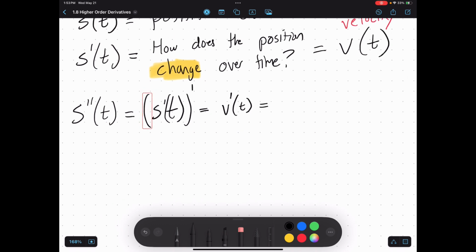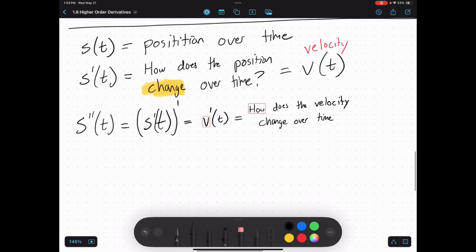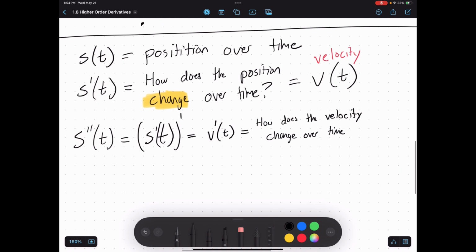That means, what question is it asking? It's asking the question, how does the velocity change over time? Right? Similar question, because I'm still taking a derivative. I'm still wondering about a rate of change, but now I'm analyzing the velocity instead of position. How does the velocity change over time?